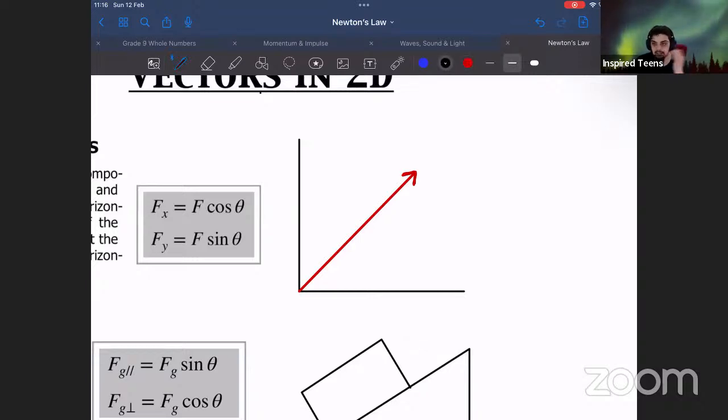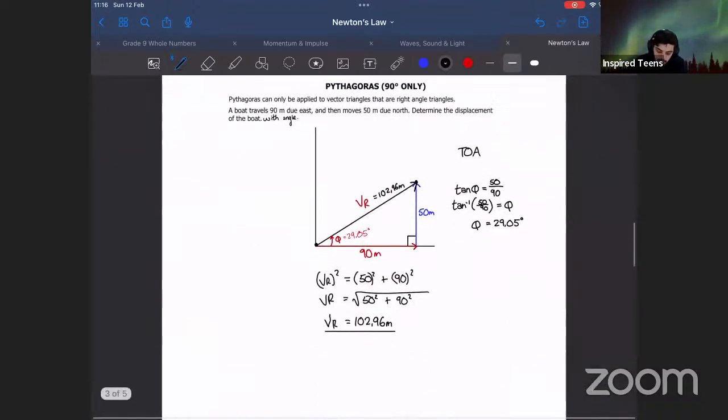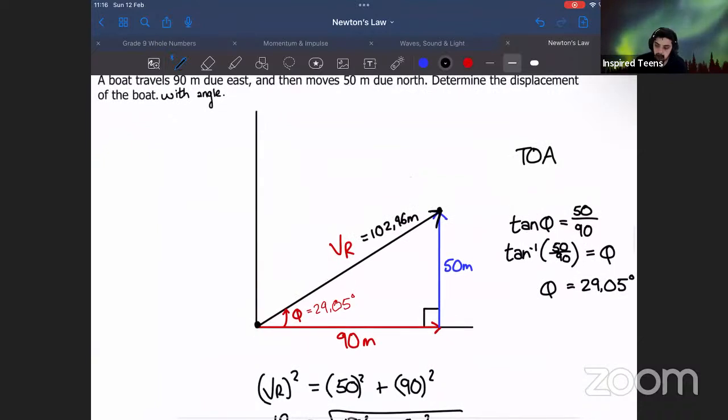So in this case, what will the direction be? For this one, the displacement is 102.96 meters, and the angle of inclination is 29.05.